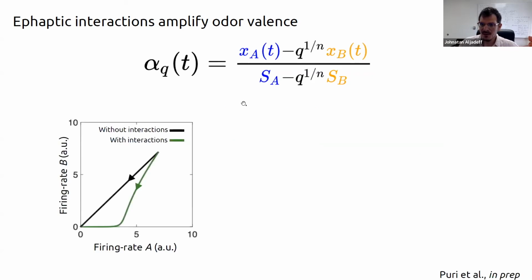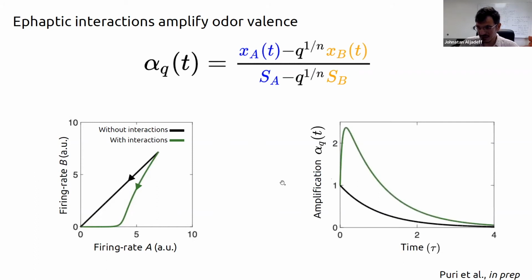So we compared the transient decay of firing rates in this model when we don't have interactions. That's shown in black, and we have a straight line decay to 0. When we do include interactions, then this trajectory is curved because these neurons interact with each other. And when we plot this quantity, alpha Q, we see that this valence signal is amplified when there is interaction, and not amplified, decaying monotonically, when there are no interactions.